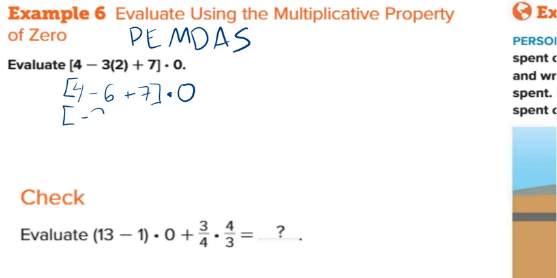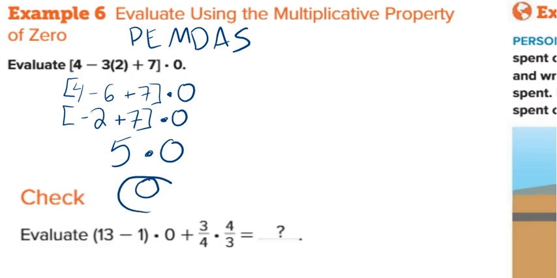So I have 4 minus 3 times 2 is 6, and then we have plus 7. And then times 0 is still outside. So we do 4 minus 6, which is negative 2. So I have negative 2 plus 7, still times 0. Negative 2 plus 7 is 5.